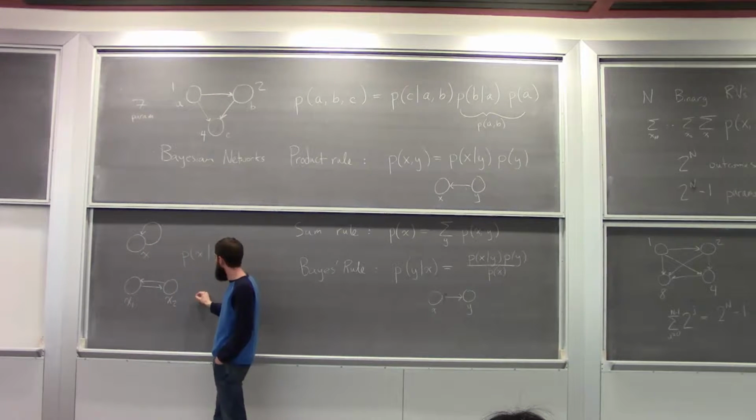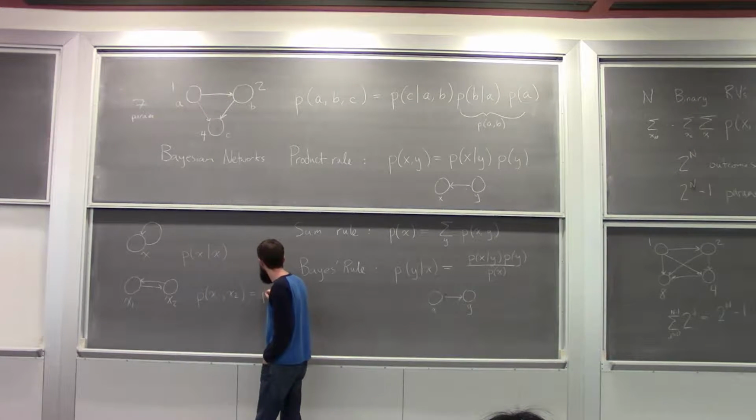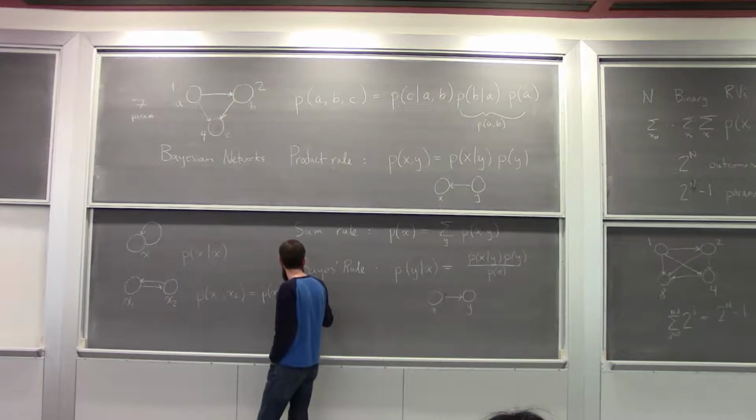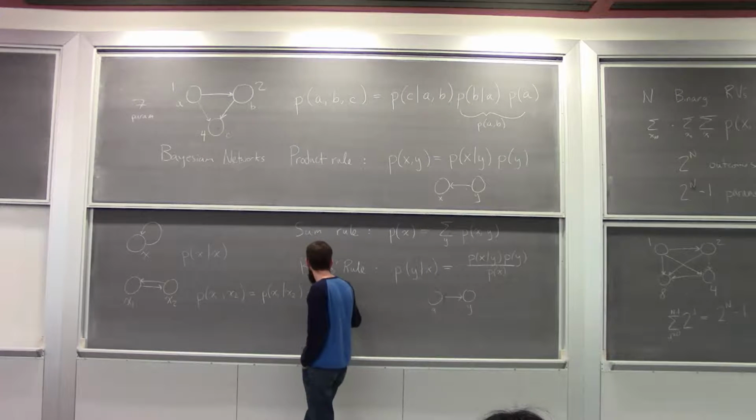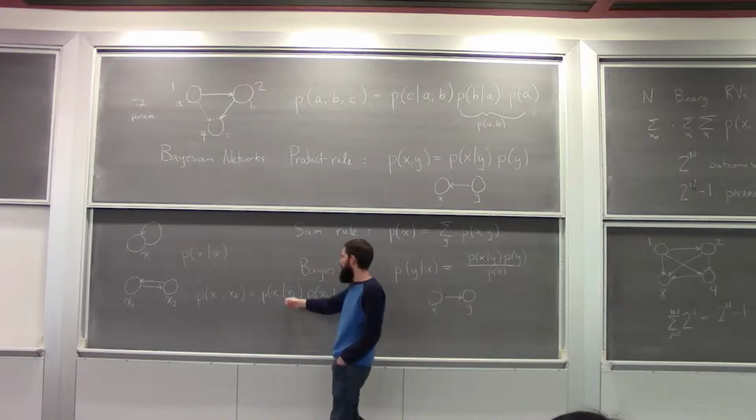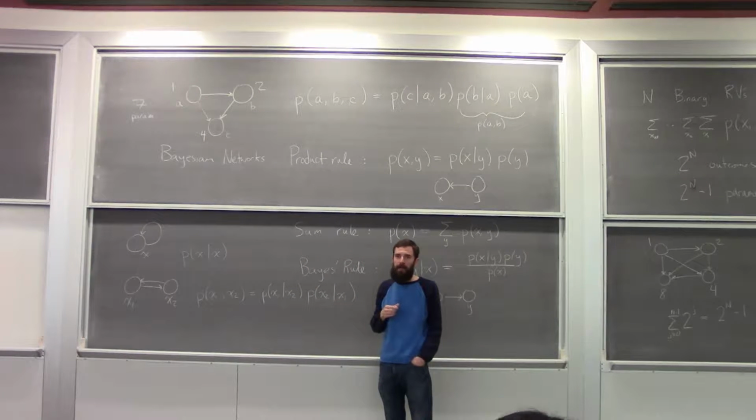What this would say is that p of x1 joined with p of x2 factors as p of x1 given x2 times p of x2 given x1. And this is just not an actual rule of probability. That's not true.